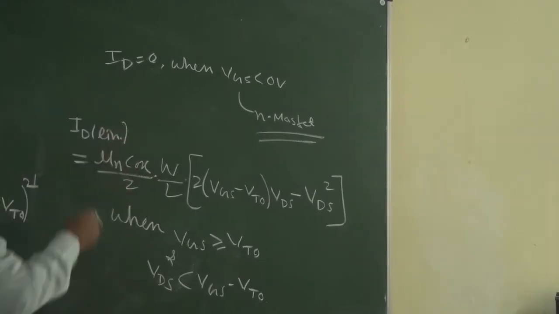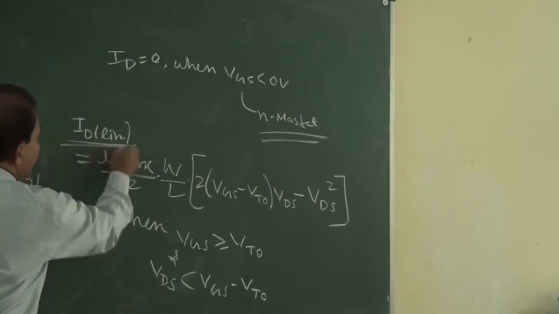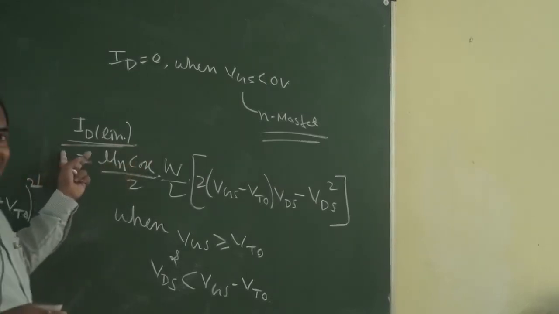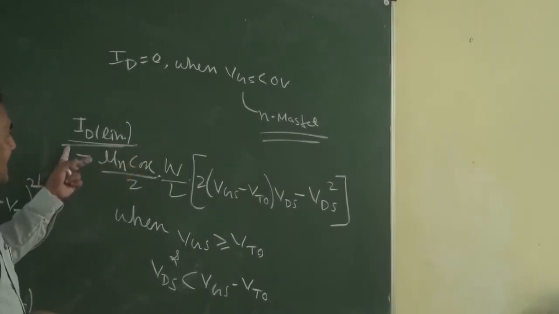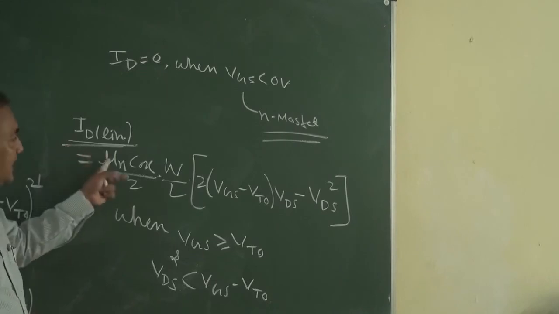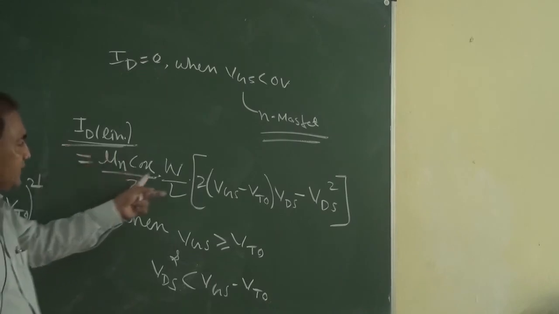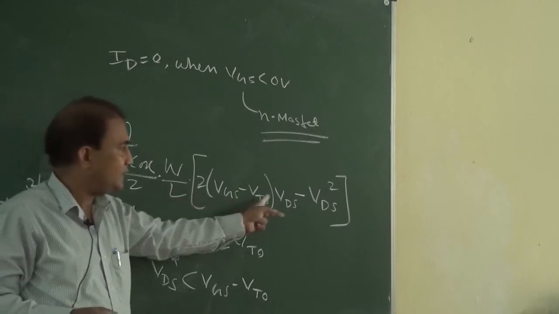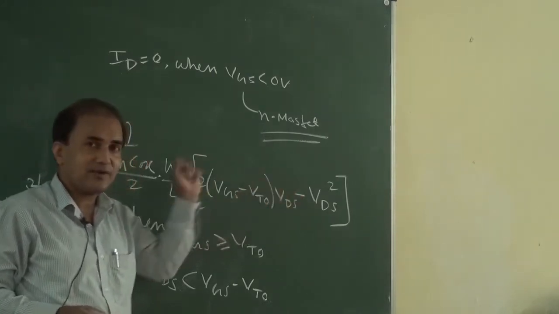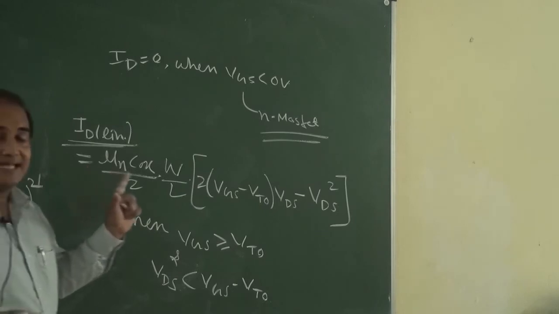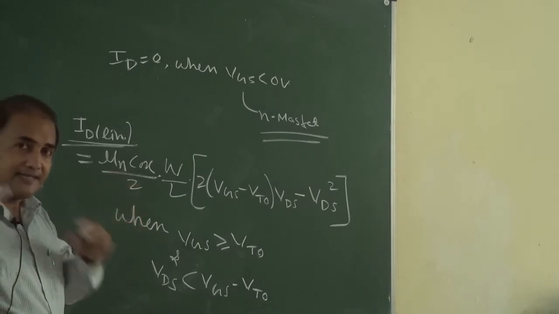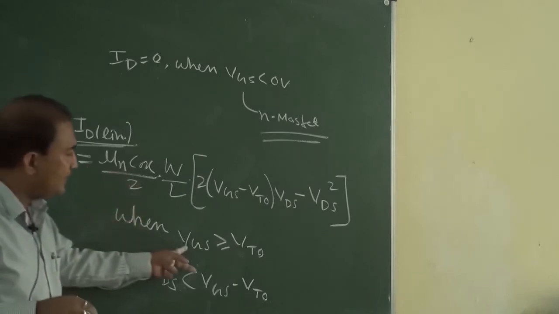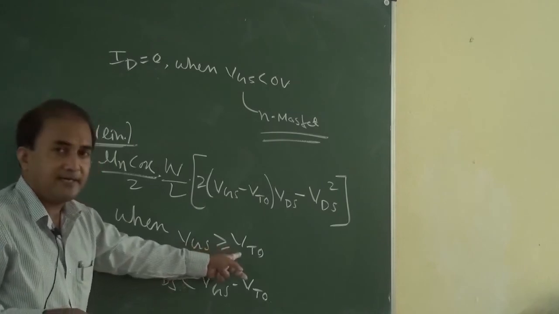Now in linear mode, the expression for ID linear is equal to mu n Cox by 2 into W by L into 2 times VGS minus VT naught into VDS minus VDS square. This is in case of linear region, when VGS is greater than or equal to VT naught.